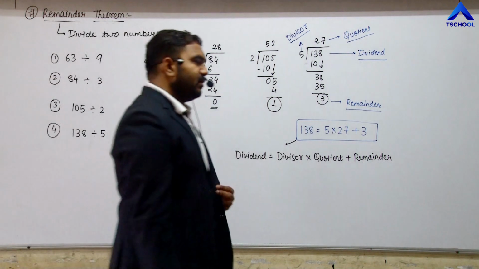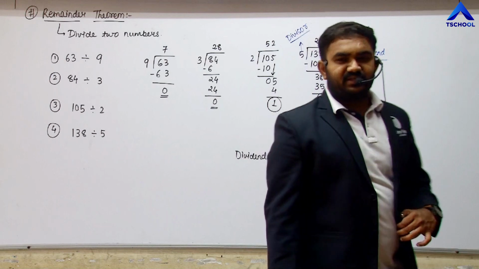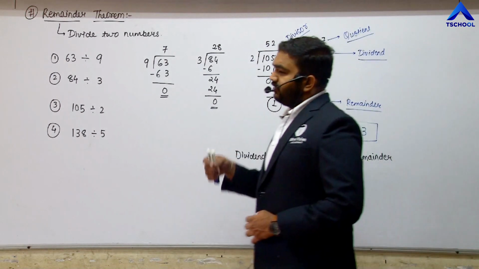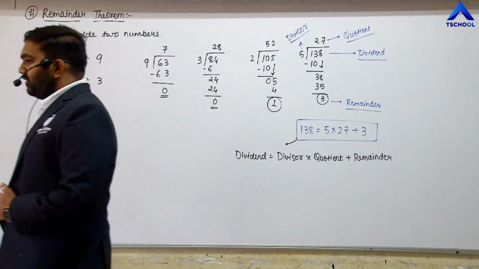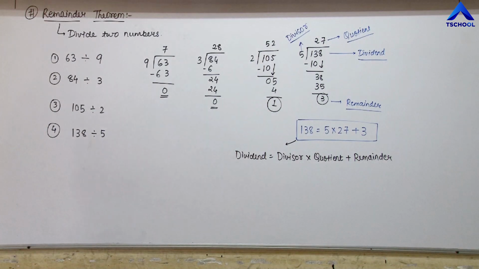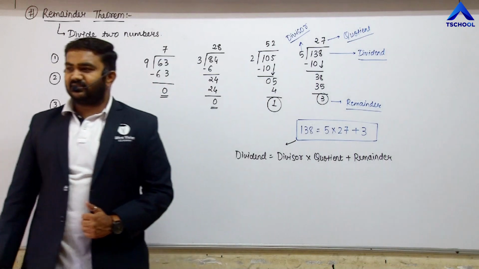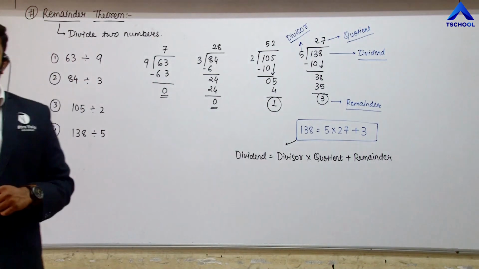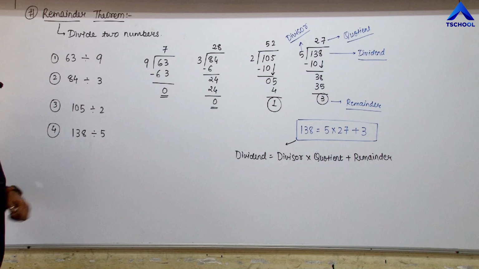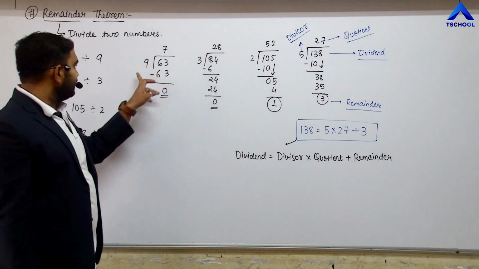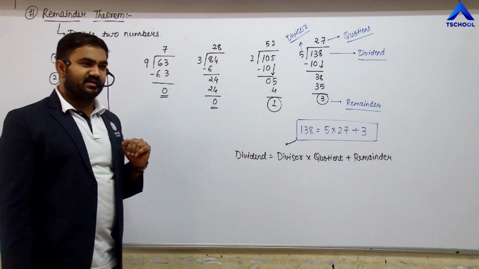So when it comes to polynomials, in the same way that you divide numbers, we can also divide polynomials. Yes or no? Now here you see that in all of the cases the divisor was always less than the dividend. See, this is the dividend 63, the divisor is 10, obviously it is less than 63.